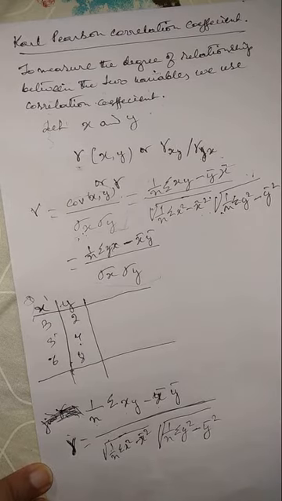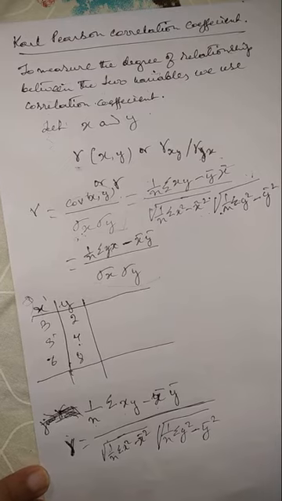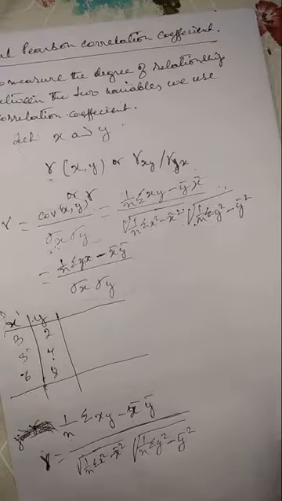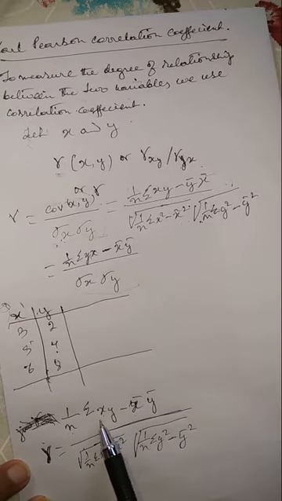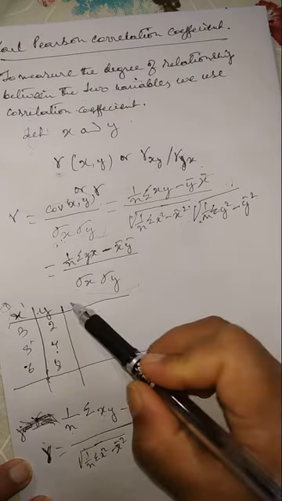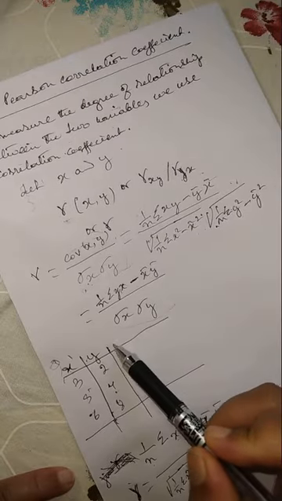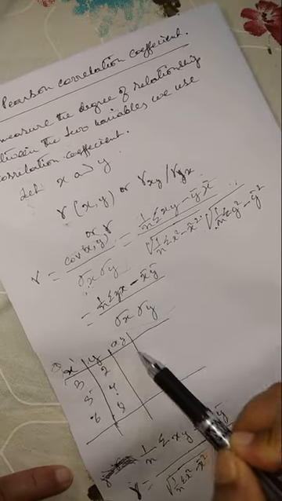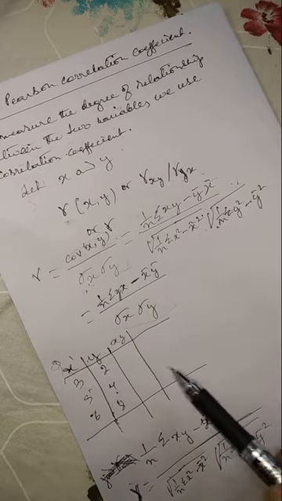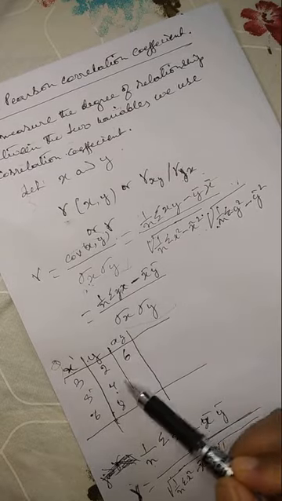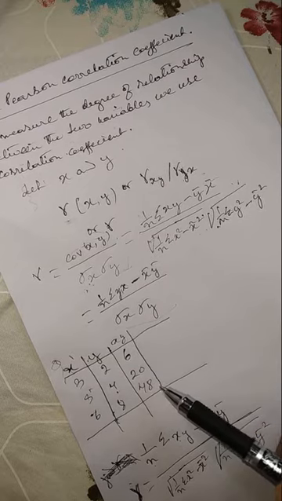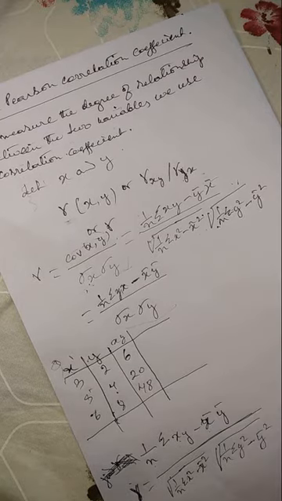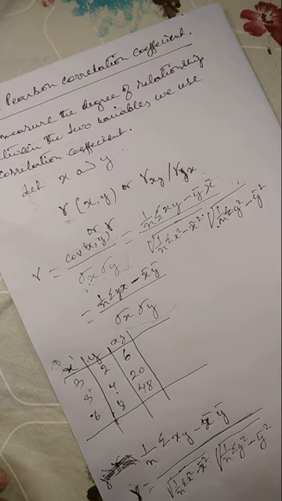So now let us find out what the formula needs. The formula needs xy. That means we have to find out x times y. So 6, 20, and 48.